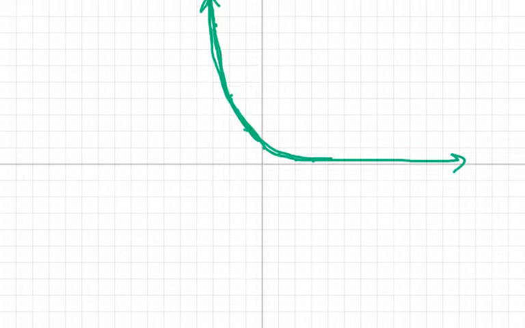Okay, so that is 2 to the negative x. Let's do 3 to the negative x in blue. So we still have a point at 0, 1, then negative 1, 3, negative 2, 9, should be up here, and positive 1, 1/3, 1/9, 1/27.